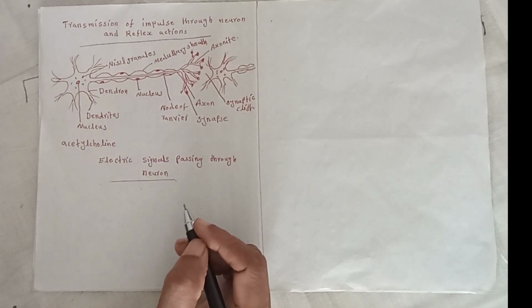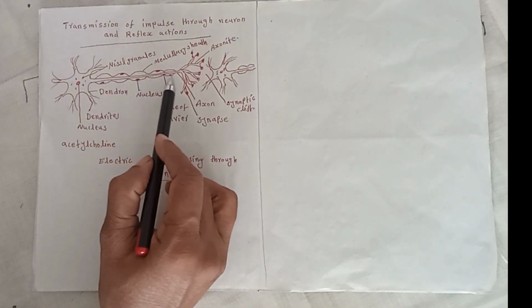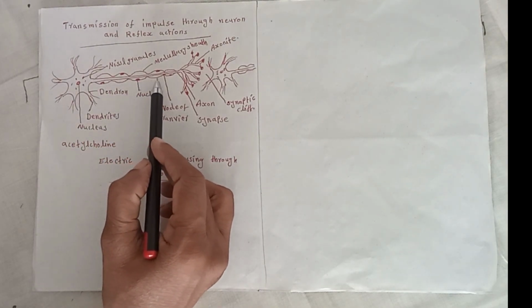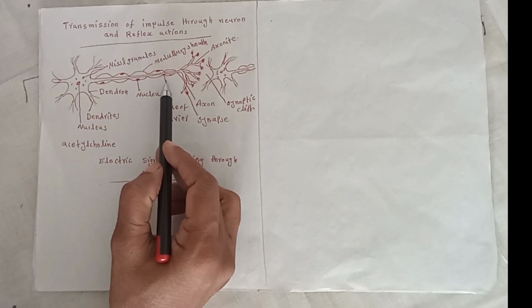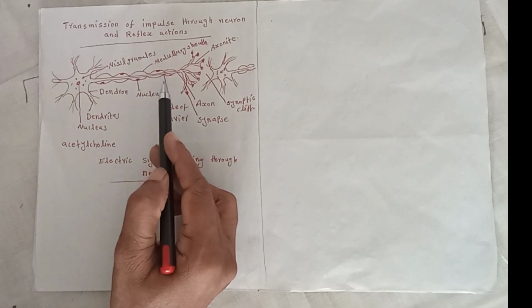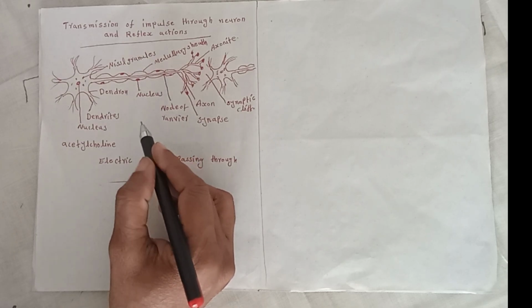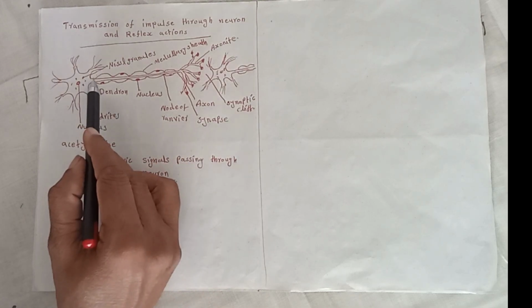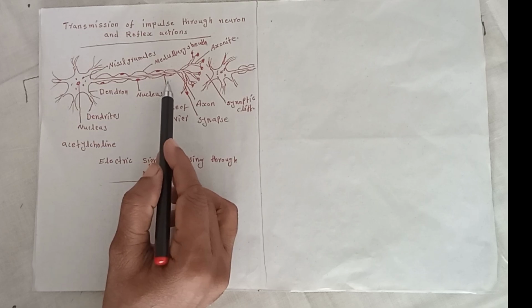Transmission of impulses through nerve fiber. Transmission of impulses through the nerve fiber is electrochemical. The impulses become electrochemical impulses that travel as a wave of depolarization.